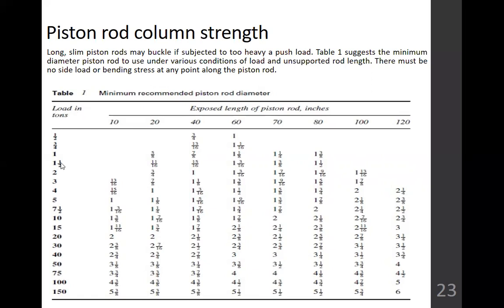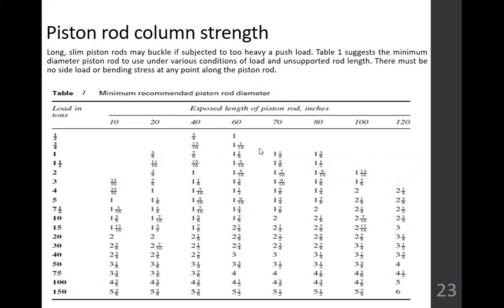So kung any load, 5 tons, so ang length ng rod mo is exposed, hindi nakabaon sa piston. So yan. Kung 20 inches, so ang required mo sa 5 tons mong load is 1 and 1. Example lang yan.